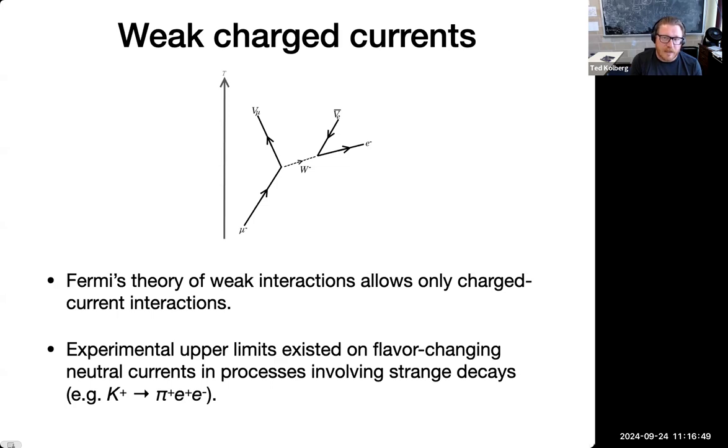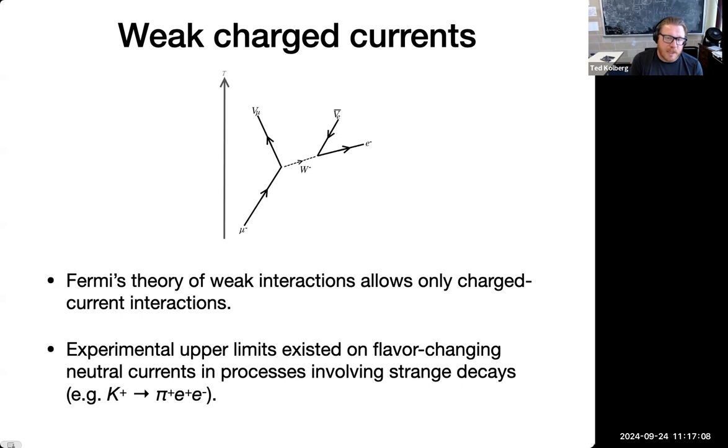He hypothesizes that there's this neutrino, which is weakly coupled to the electron, and that's how you end up with these decays that have a long time scale attached to them because the interaction is so weak. And he was only interested in the charged current interactions.